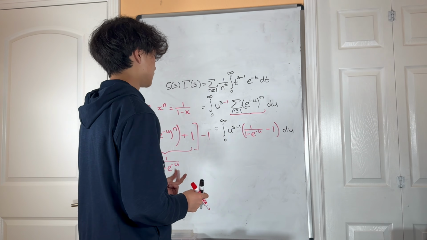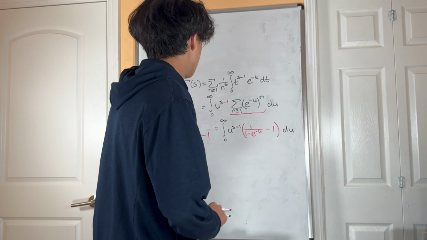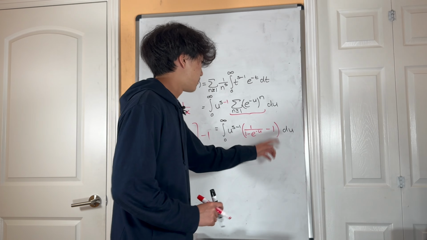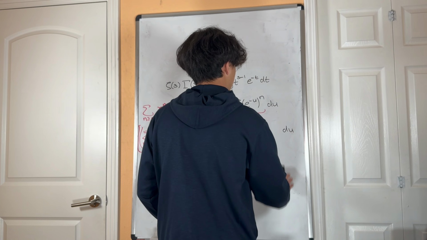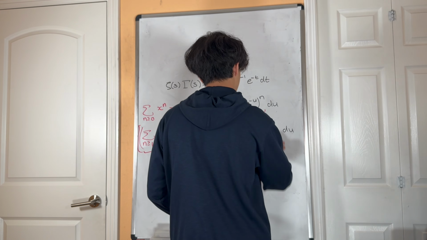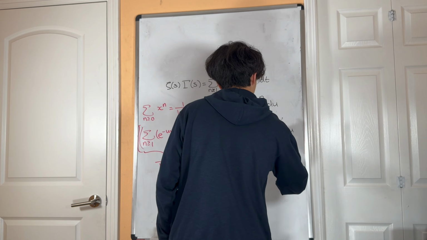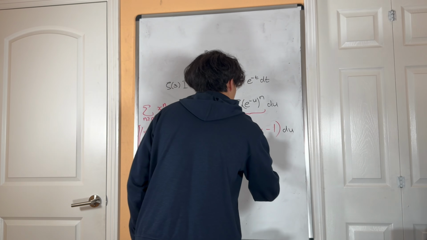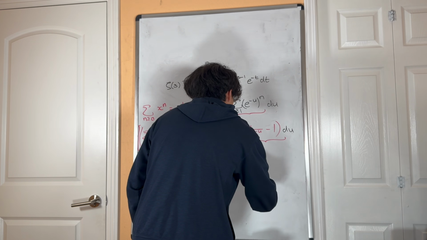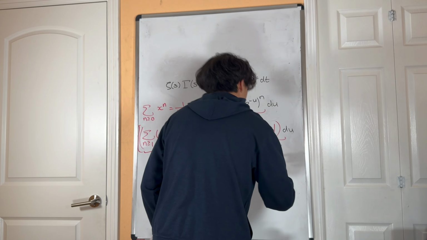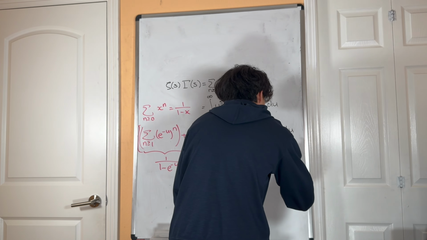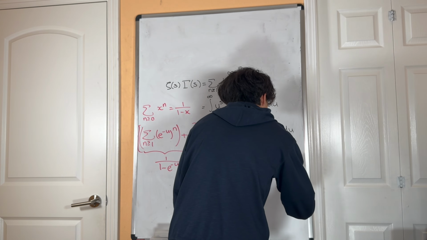All right. So now what we can do is combine the two. This negative 1, I'm going to keep this here. Let's do this work below it. So 1 over 1 minus e to the negative u. This negative 1, I'm going to write as 1 minus e to the negative u over 1 minus e to the negative u.